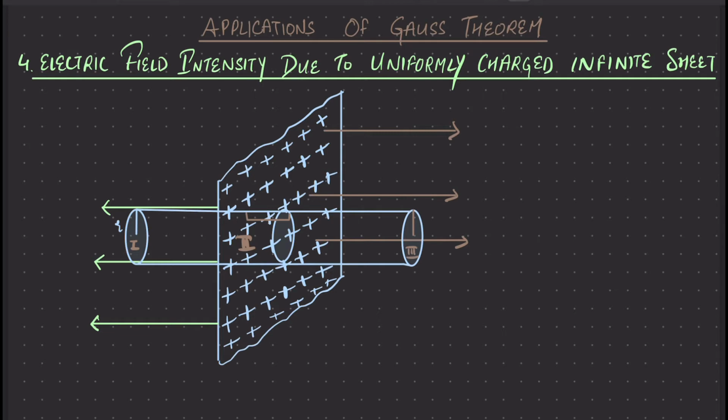Now we need to apply Gauss theorem, and according to Gauss theorem, closed integral E vector dot ds vector is equal to q upon epsilon naught.